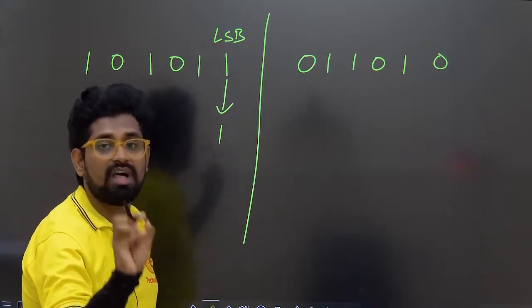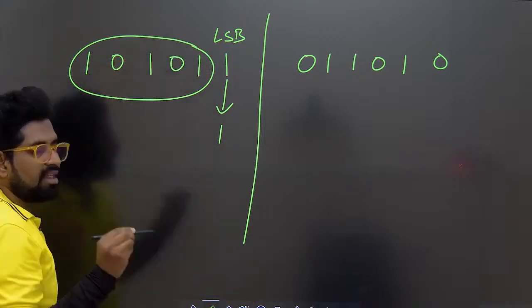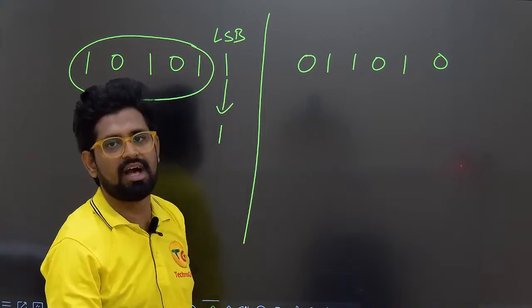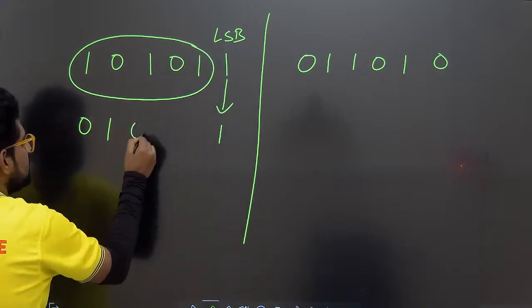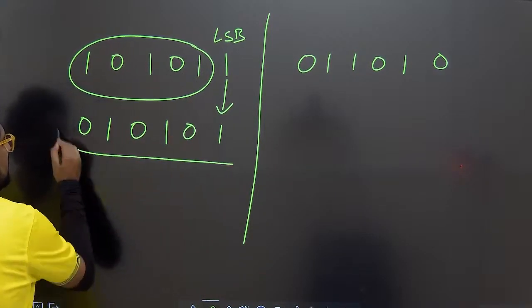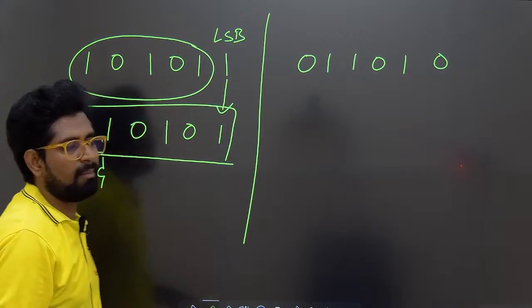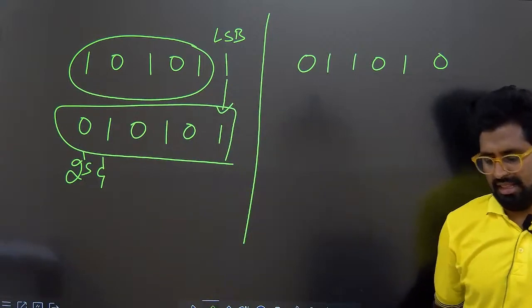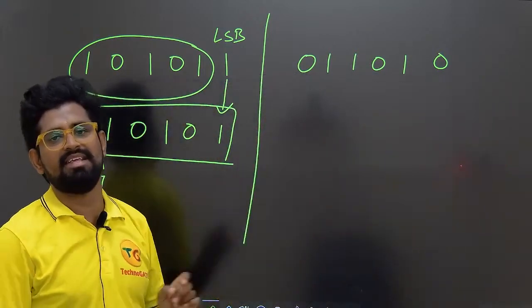After writing 1 once, for the remaining bits you need to invert or complement. So 1's complement: 0 1 0 1 0. This is your direct 2's complement. No need to perform 1's complement and add 1 again and get confused in addition. Don't confuse anything. Directly apply this shortcut method.